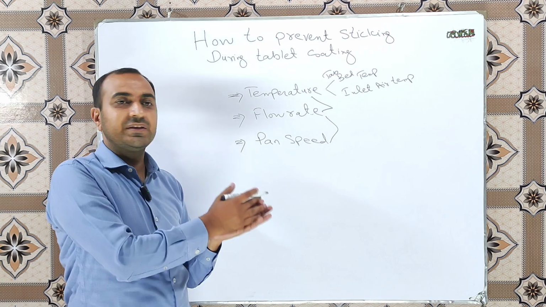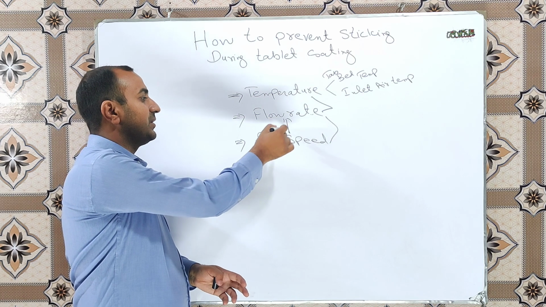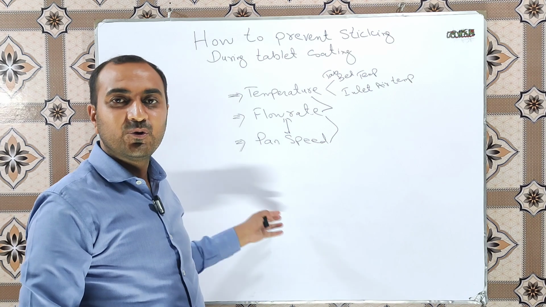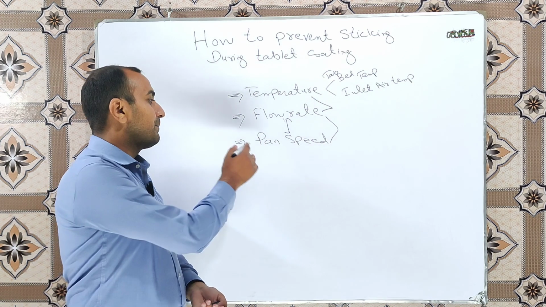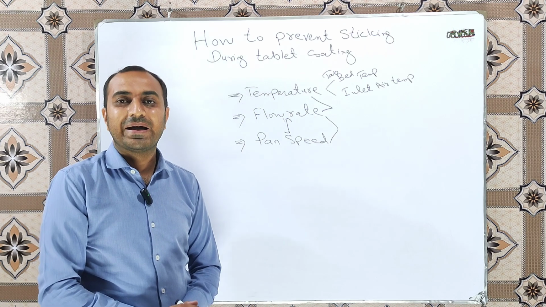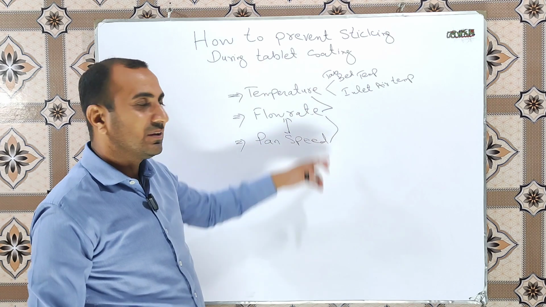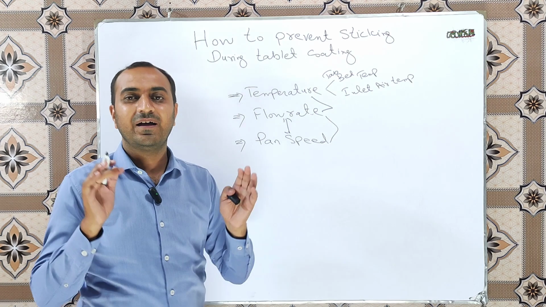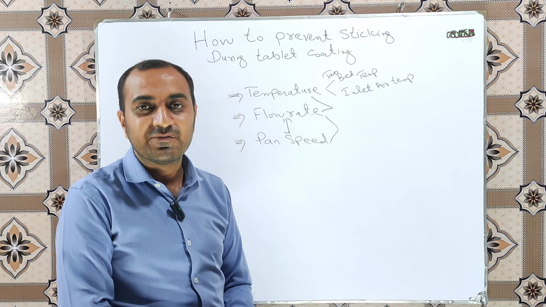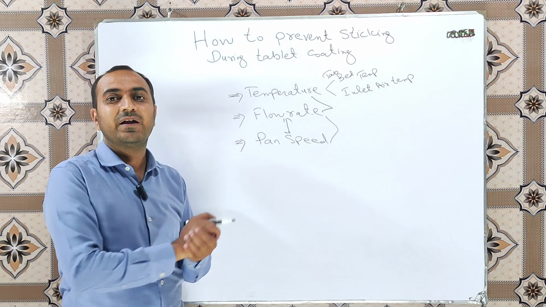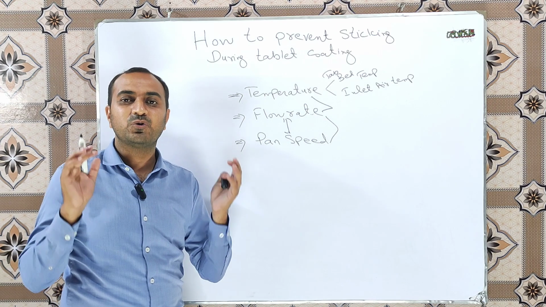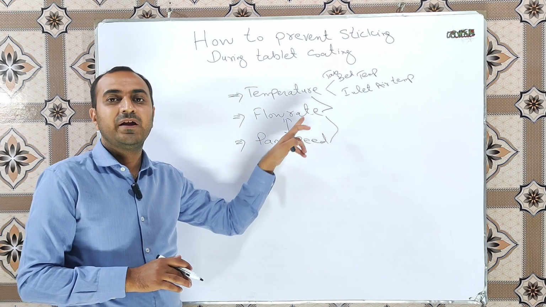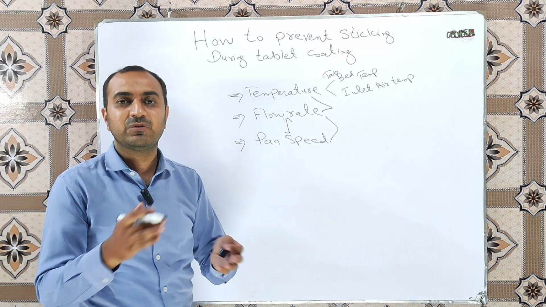So to create a sync between these two parameters, whenever you enhance the flow rate, also gradually enhance the pan speed. By creating the sync between these 3 points, you will never observe the tablet sticking defect.